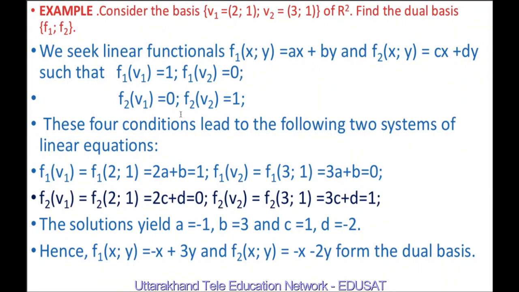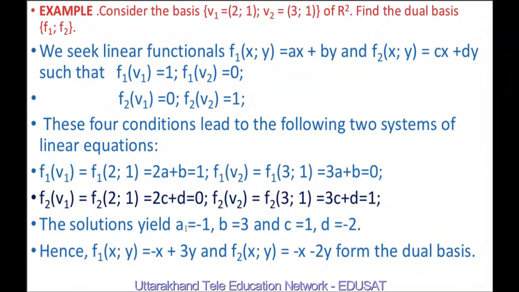Now f2(v2), v2 is given to be (3,1). So f2(3,1) means x is 3, y is 1, so 3c plus d, and this is equal to 1 because f2(v2) is 1. So we get two equations, 2c plus d equal to 0, 3c plus d equal to 1. If we solve these two equations, we get c equal to 1 and d equal to minus 2.